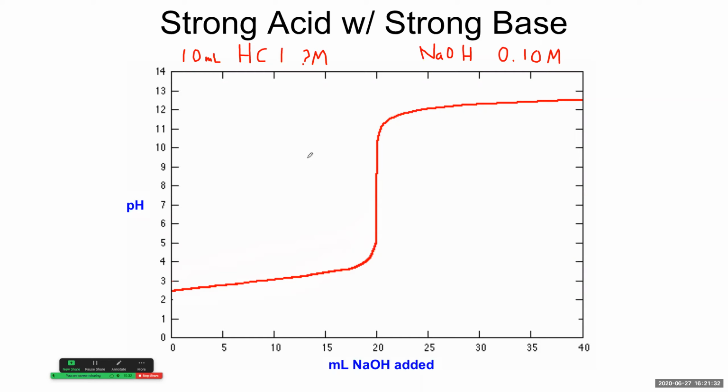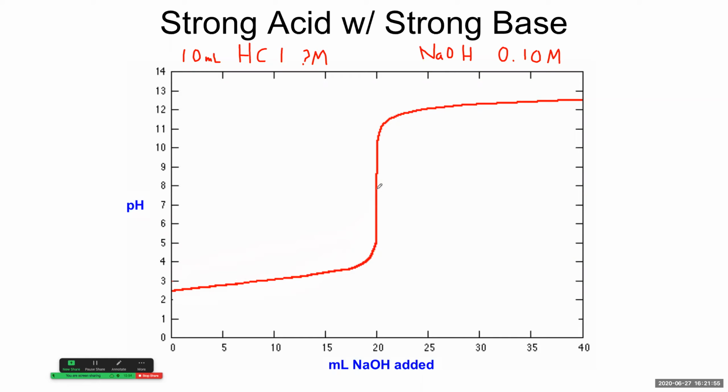One of the key points is knowing when the endpoint is reached. In a strong acid and strong base titration, the endpoint is reached when the pH is 7. So if you can measure the pH as you do the titration, and there are machines to do that called pH meters, you know when you've added enough base to reach pH 7. That's the end.